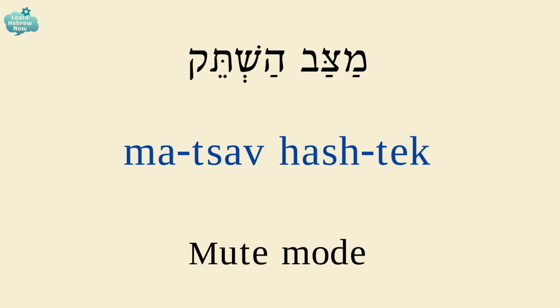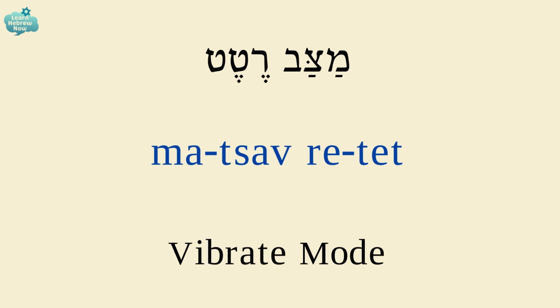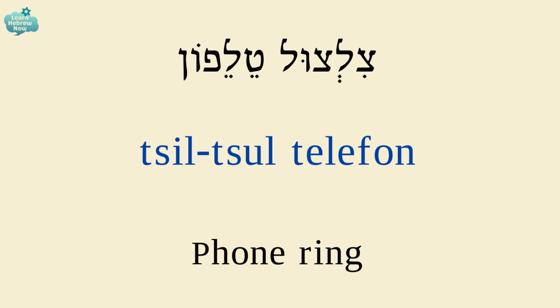Mute mode is מצב השתק, מצב mode, השתק mute. Vibrate mode is מצב רטט. Phone ring is צלצול טלפון, צלצול ring, טלפון phone.